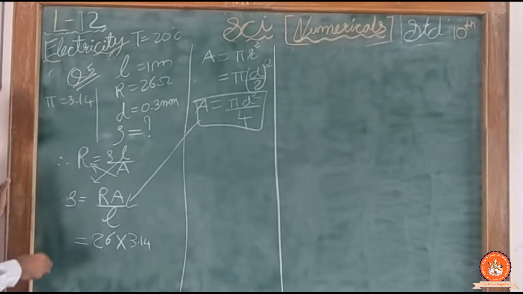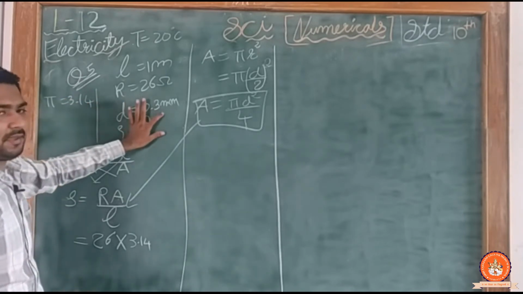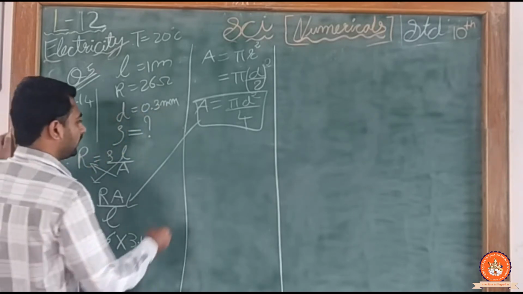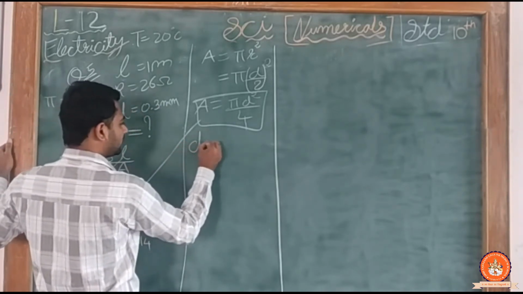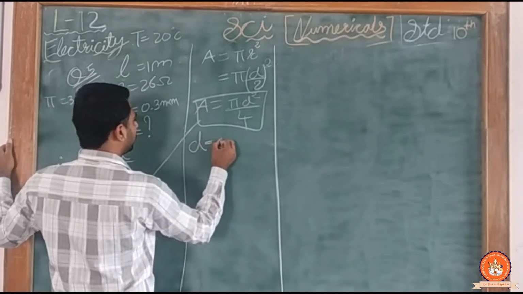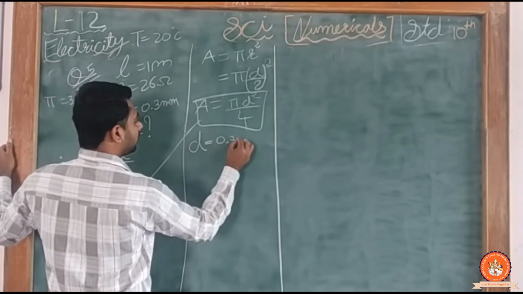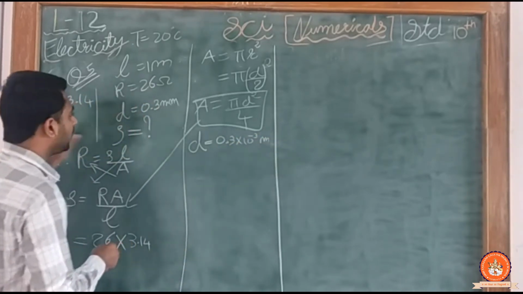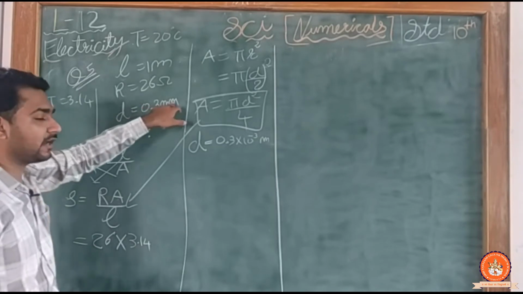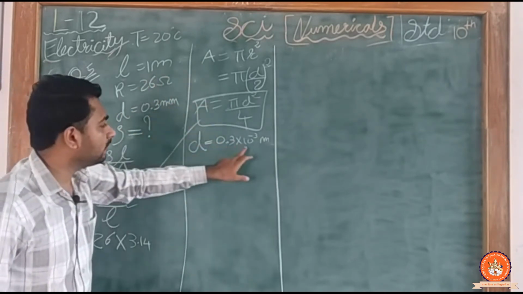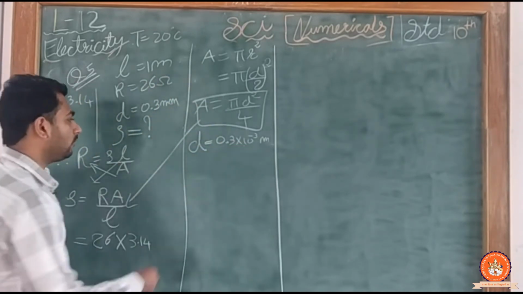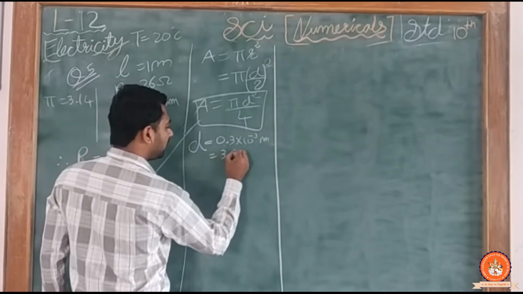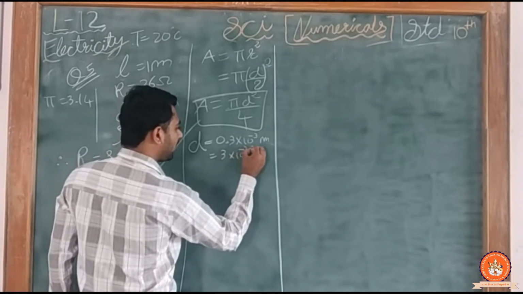Yes, value of pi is equal to 3.14. Okay, now here diameter is in mm, so we will convert the diameter into meter. Clear? So d is equal to 0.3 into 10 raised to minus 3 meter. Now we bring the decimal to the right side, so it becomes 3 into 10 raised to -3 minus 1.